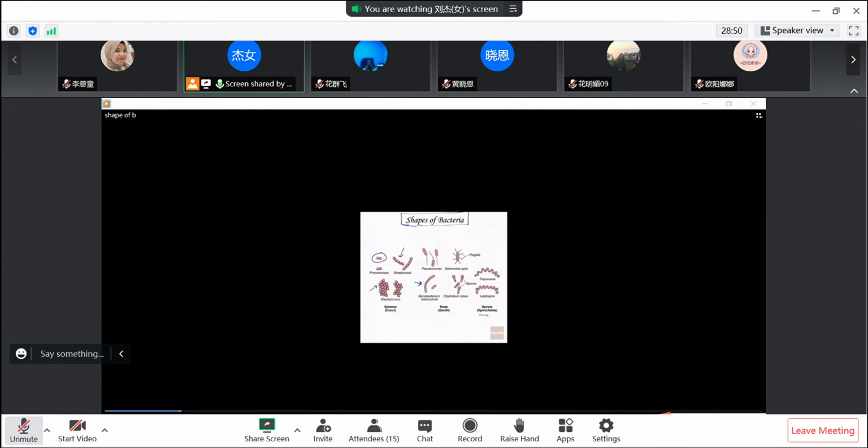Okay, just now, the teacher introduced the three shapes of bacteria, right? Coccus, rod or bacillus, and the spiral. As we introduced, you can see that for the coccus, some of them form a structure like a chain, some of them form a structure like clusters, and for the bacillus, it has flagellum.